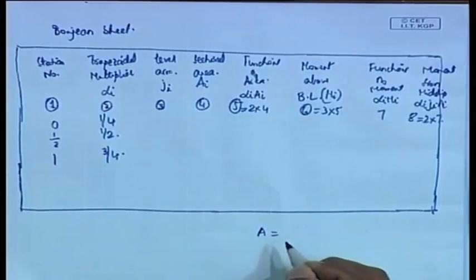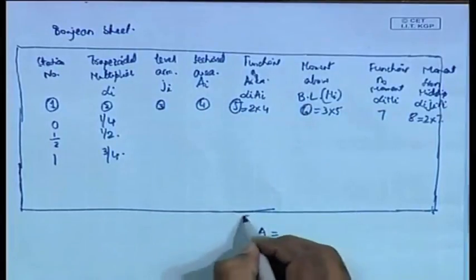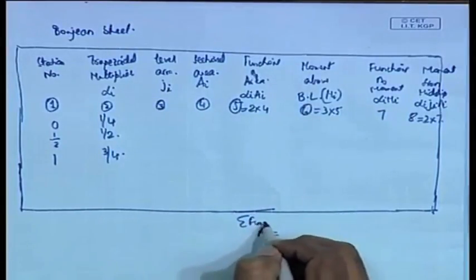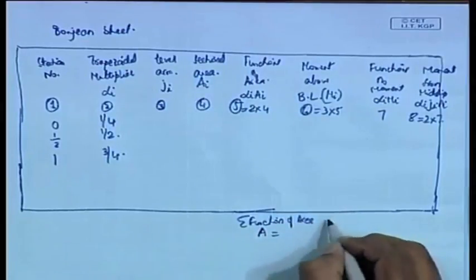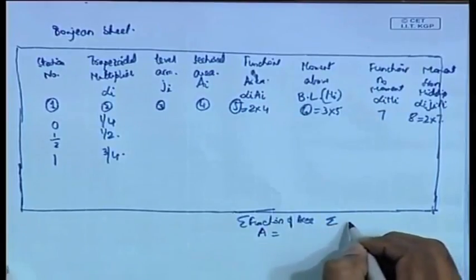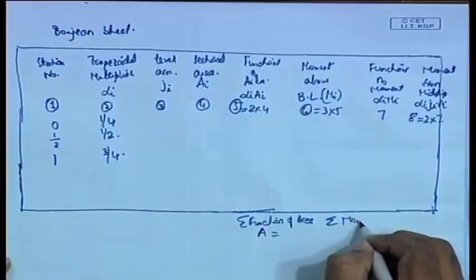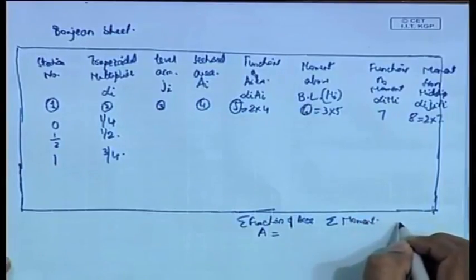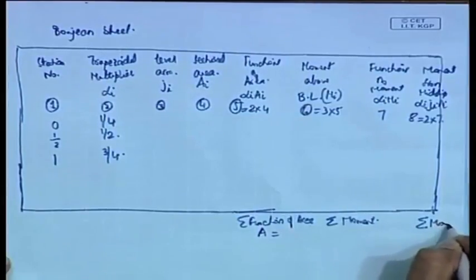Area equals, when you do this, sigma function of area, this is sigma moment, and this is sigma moment again.